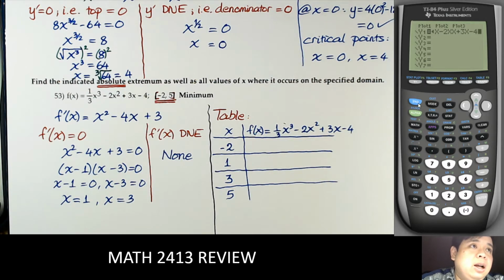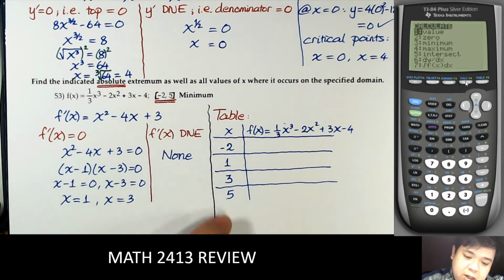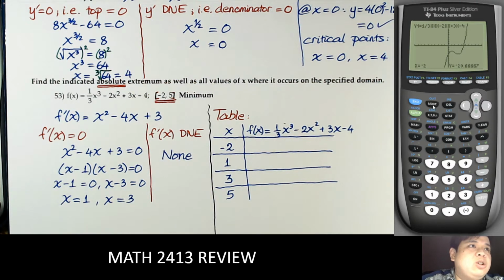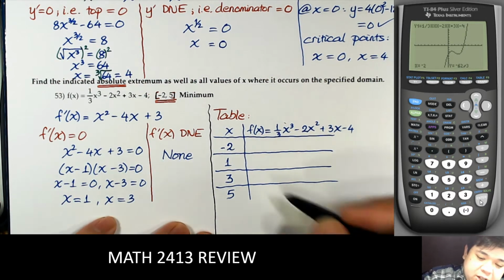And then hit second trace, when x equal to -2. It doesn't give us a fraction. Let's see if we can keep that as a fraction. If it doesn't work, we have to try something else. Okay, -2. Okay, -62/3.